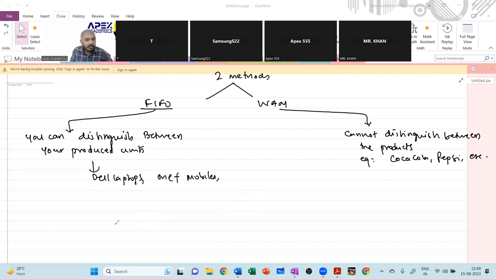Now, what happens is, production happens in phases. Just because the production cycle is over does not mean all the units are ready and produced. Absolutely not.